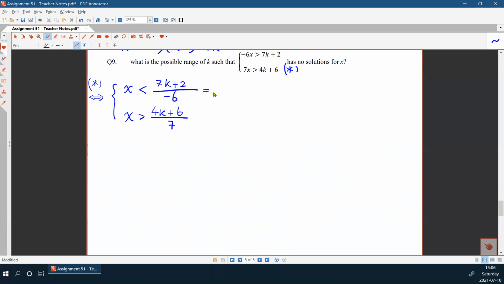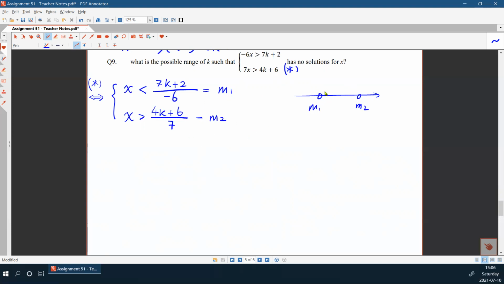So let's call the first number m1, and the second number m2. The solution is x should be smaller than m1 and greater than m2. So under what circumstance is there no solution for x? If m1 is here and m2 is here, is there any solution for this system?